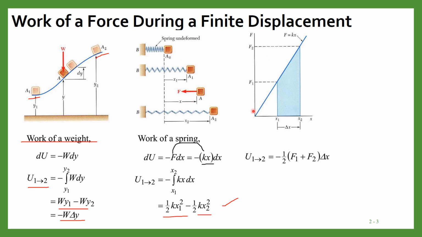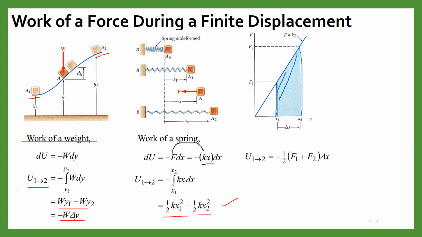This work can also be calculated with the help of this diagram. Suppose on the x-axis we have taken the displacement, on the y-axis we have taken the applied spring force. Then work can be calculated with the help of the area under this curve, and this area will give you the work.